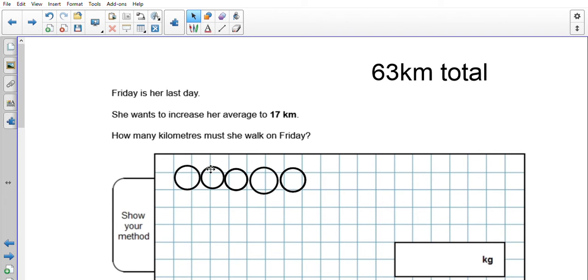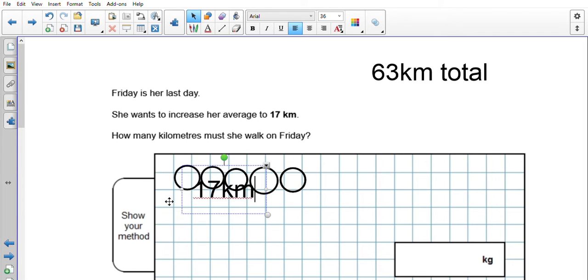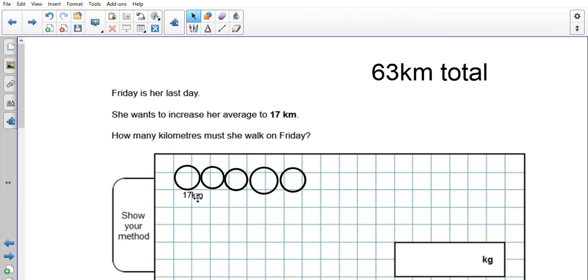It doesn't mean that she walked that far in these days, but that's how far she wants her average for each day to be, which means she's probably going to need to increase her daily distance for the final day in order to bring her total higher. Okay, so that would mean that Monday was 17, Tuesday was 17, Wednesday was 17, Thursday was 17, and Friday was 17.